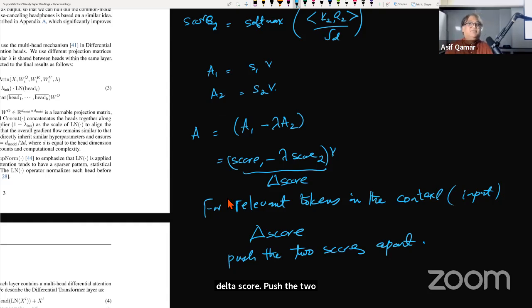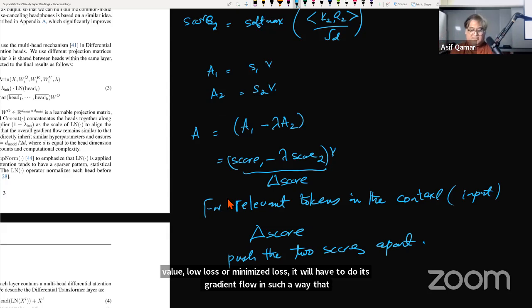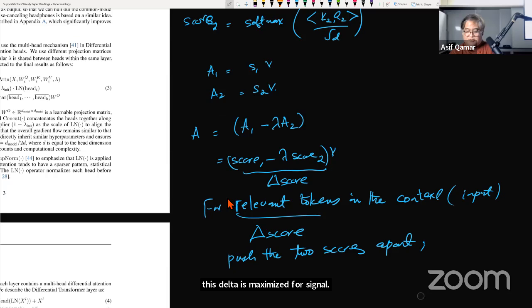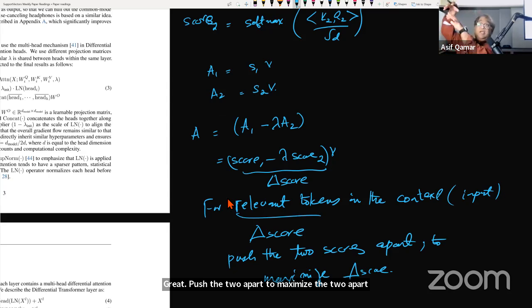When this machine is forced to do loss minimization through backprop and gradient descent, it has no choice, but for relevant tokens, to get a low loss value, it will have to do its gradient flow in such a way that this delta is maximized for signal. Push the two apart to maximize delta score, right? So for example, it could do it by boosting up the score 1 function and boosting down the score 2 function, right?